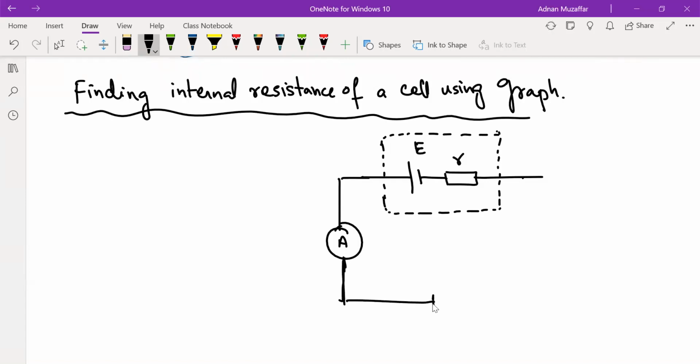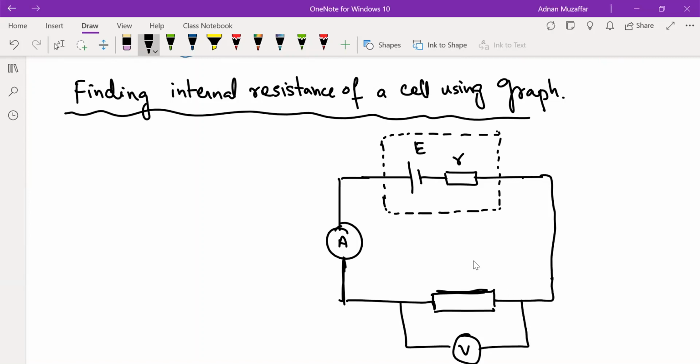And a resistor here. And there should be a voltmeter across the resistance to measure the voltage. But even now, if we switch on the circuit, I will get only one value.